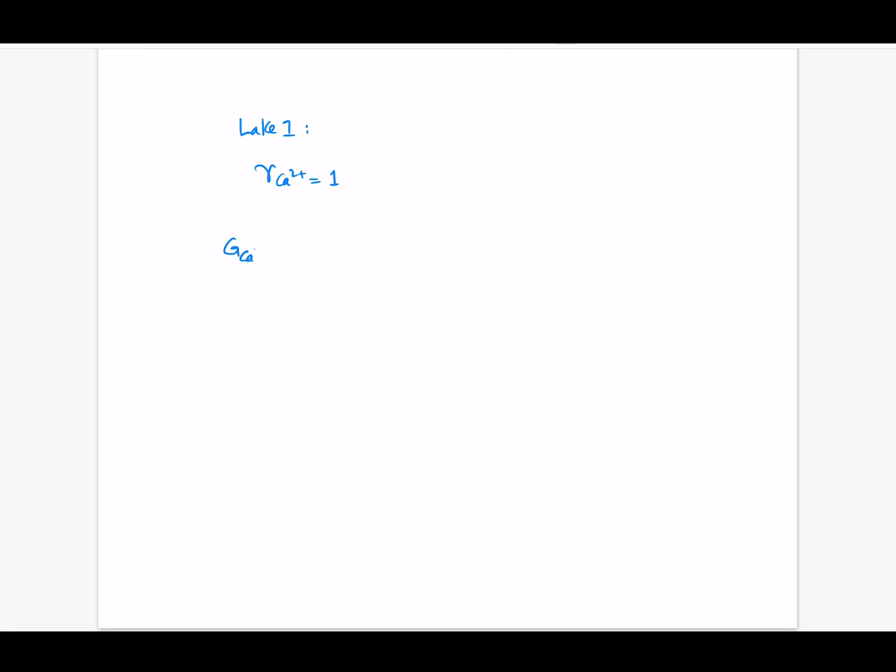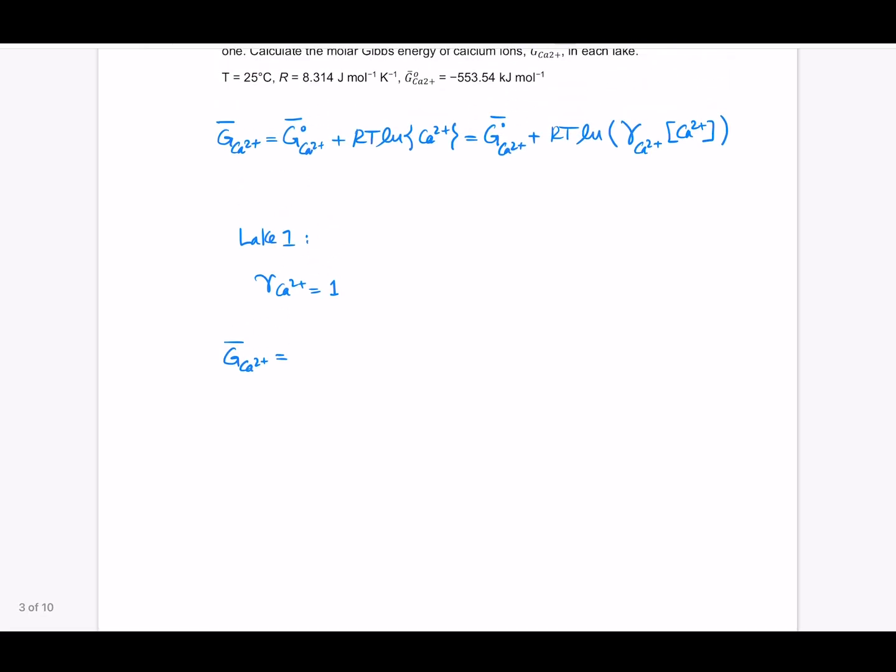So G of calcium 2+ is equal to the G0, which is this value. Just keep in mind the units. Here it's in kilojoule, so 553.54 kilojoule per mole, plus now R is in the form of joule per mole per Kelvin.